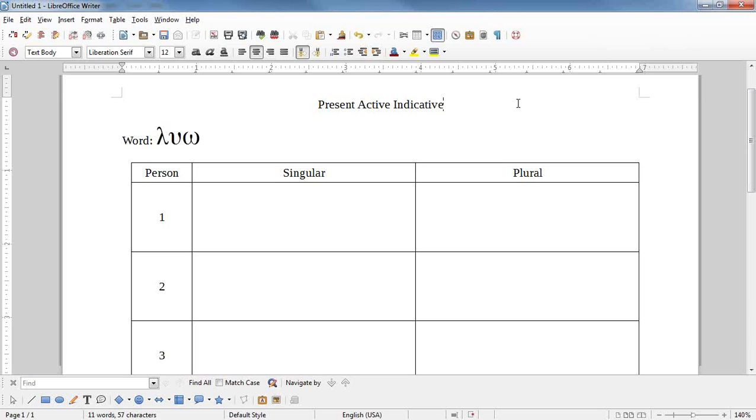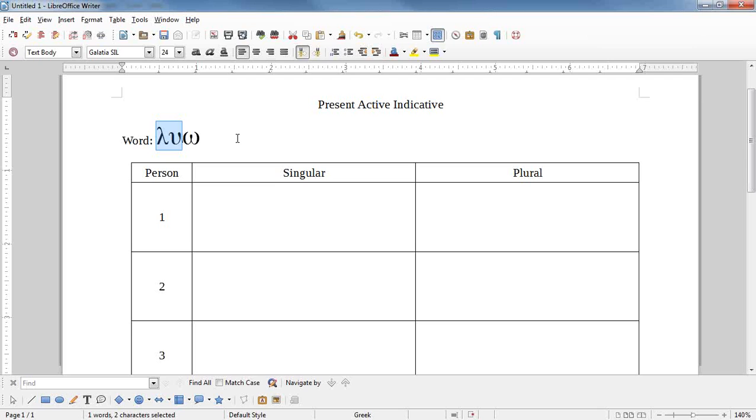Okay? So by knowing that it's present active indicative, we know that it's happening within present time, and that the action is being done by the subject. All right? So that's this form that I'm teaching you guys right now. It's the present active indicative. Okay? So, as I shared again, luo, the stem is lambda upsilon.